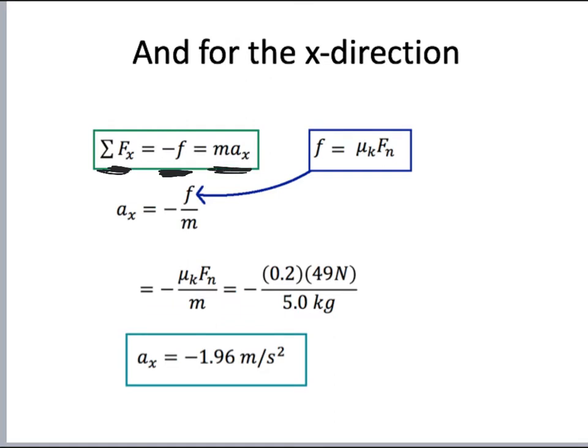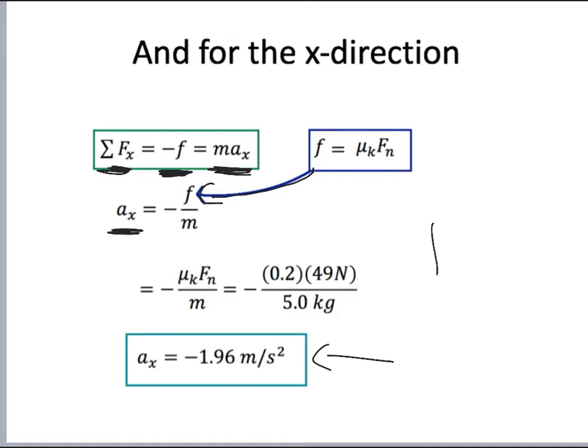That's equal to ma sub x. So that tells me, solving for a, that the acceleration in the x direction is minus the friction force divided by the mass. And using my definition of friction, I can plug that into there, and I'm left with an acceleration of minus 1.96 meters per second squared.